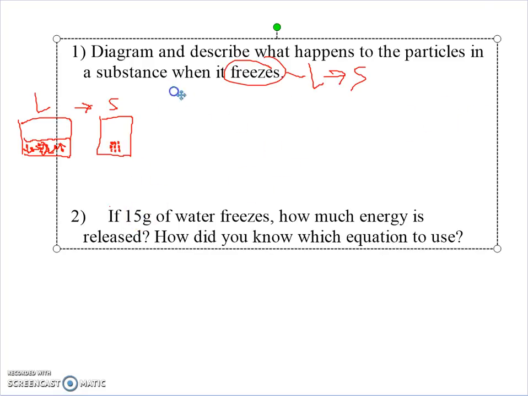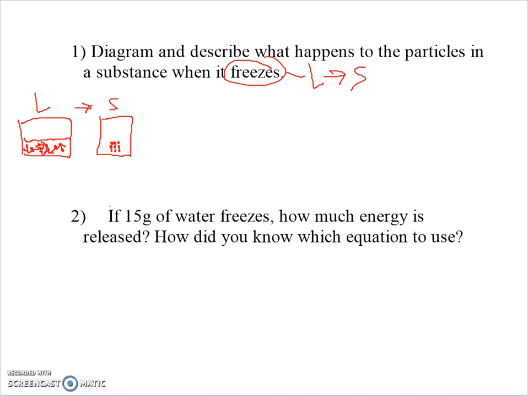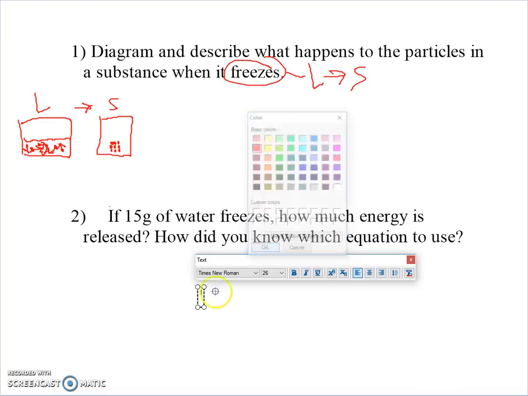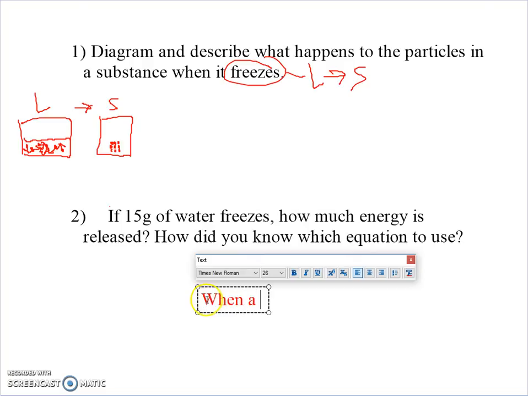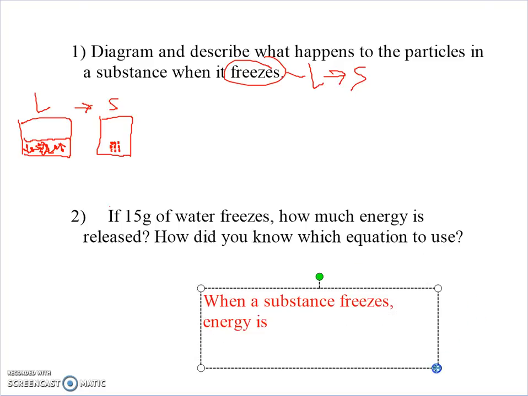It says also describe what happens in a substance when it freezes. So what happens? Let me see if I can actually just do a different text box here. So I'm going to do it down here and then move it. So when a substance freezes, the energy is, so let's see, does energy have to go in or out?